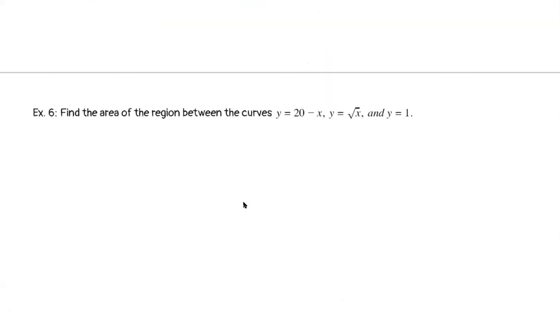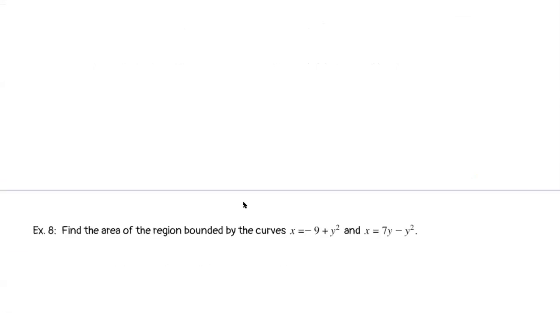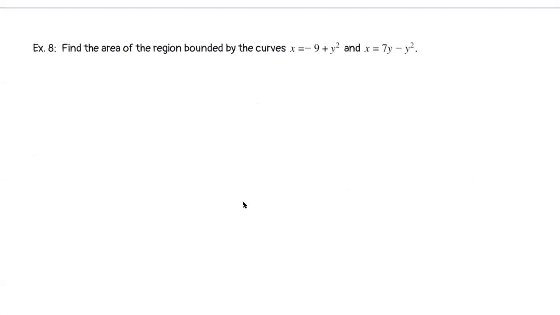So, so far down here. Okay. So, example 8 says, find the area of the region bounded by the curves. And so earlier, someone pointed out that the word enclosed by, and the word bounded is another way of saying enclosed by, okay?